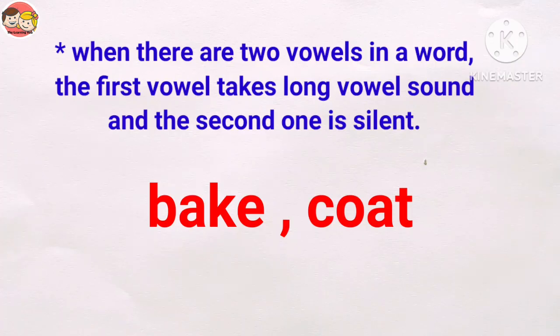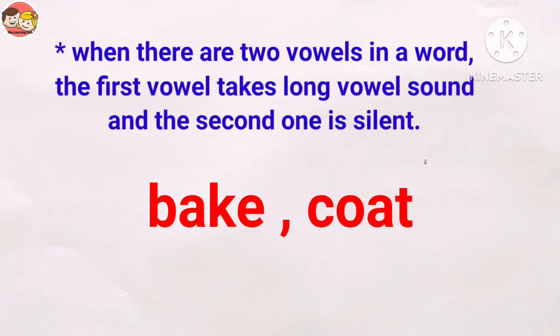For example, B-A-K-E. There are two vowels, A and E. So the first vowel is going to be long, meaning it says its own name, and E will be silent. B-A-K, bake, and E is shh, silent.